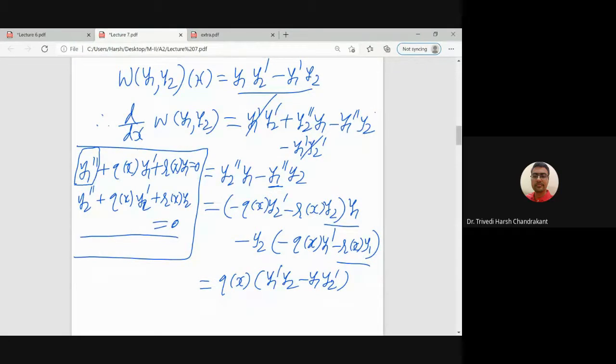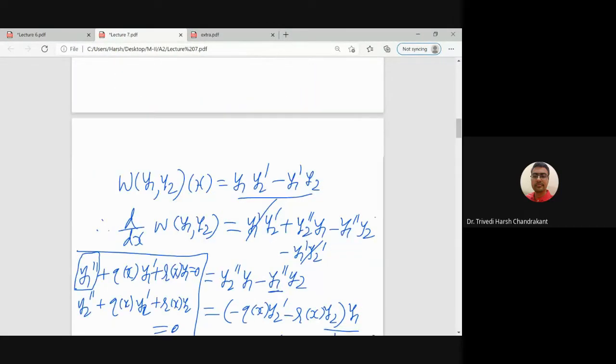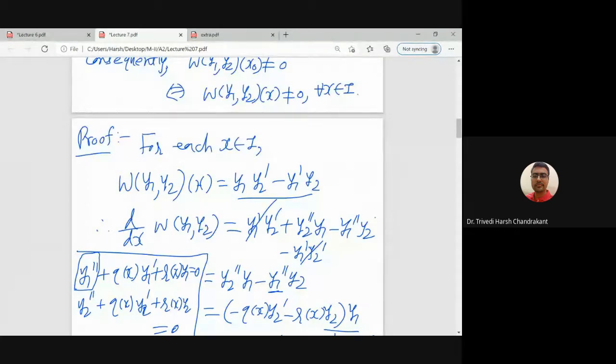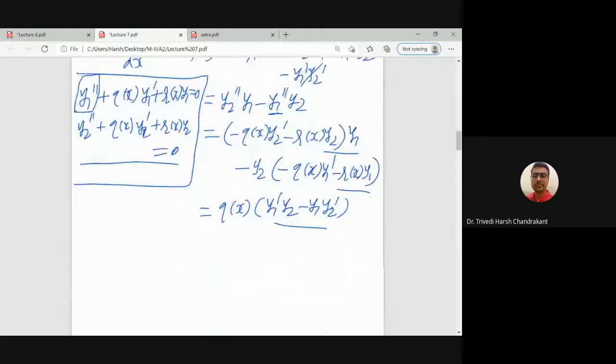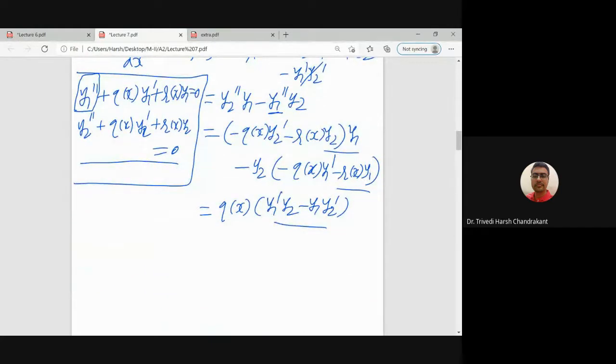Now this term is essentially in terms of the Wronskian. The Wronskian is y1 y2 dash minus y1 dash y2, and here what we got is y1 dash y2 minus y1 y2 dash. So this is essentially the negative of the Wronskian.